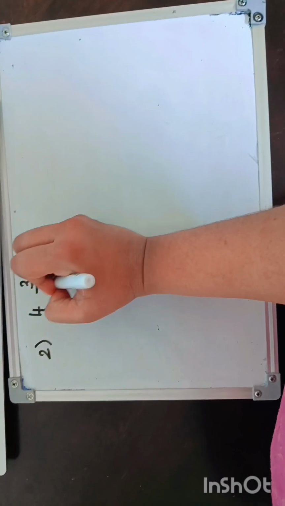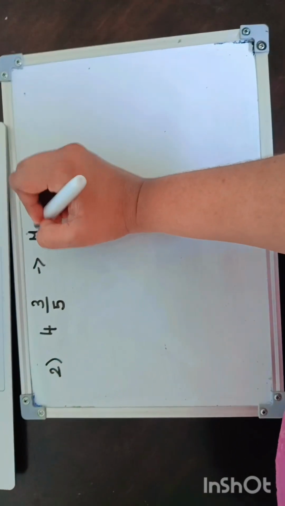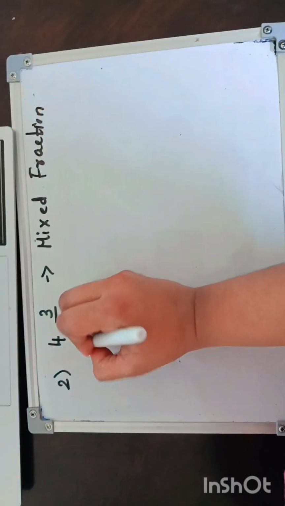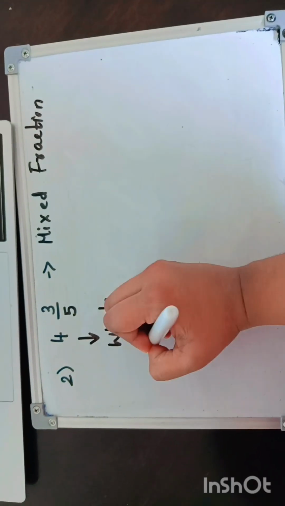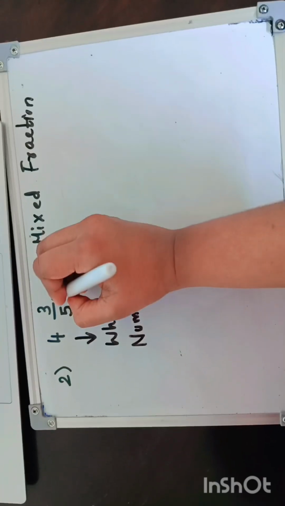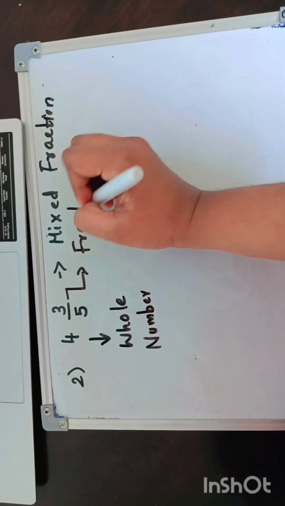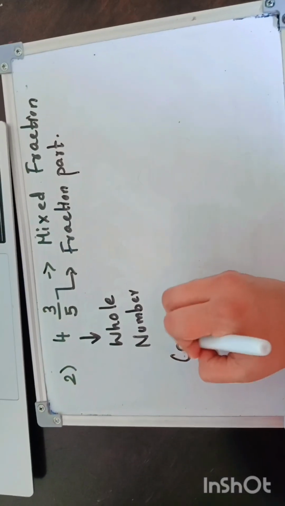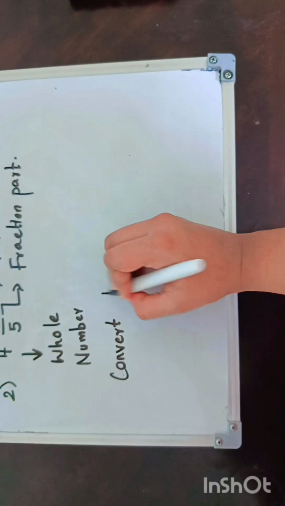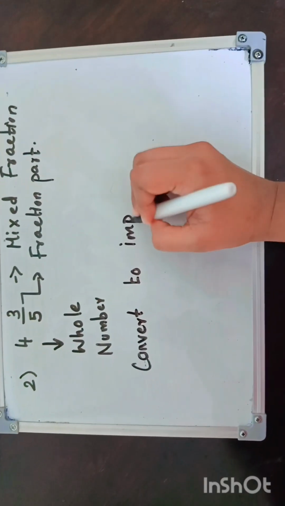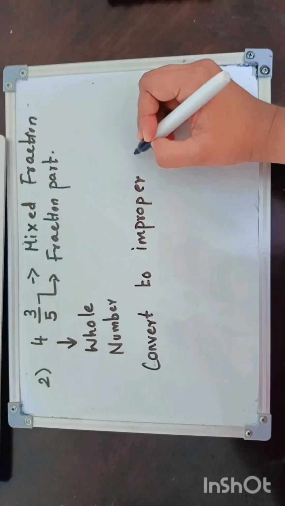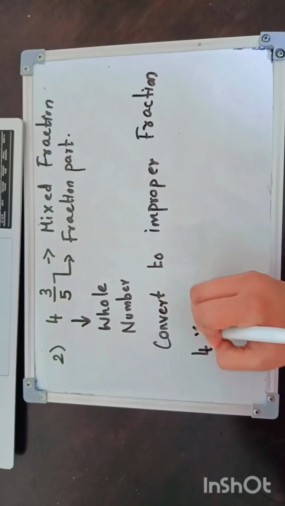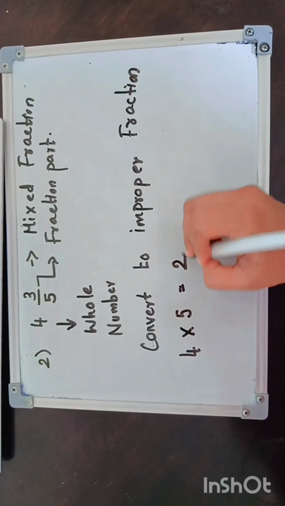Let's do another example: 4 and 3 by 5. We have to convert this mixed fraction into an improper fraction. Here 4 is the whole number and 3 by 5 is the fraction part. Remember the steps: multiply, add, and then keep the same denominator. This is our key rule for converting mixed to improper fractions. First we multiply our whole number with the denominator: 4 times 5 equals 20.